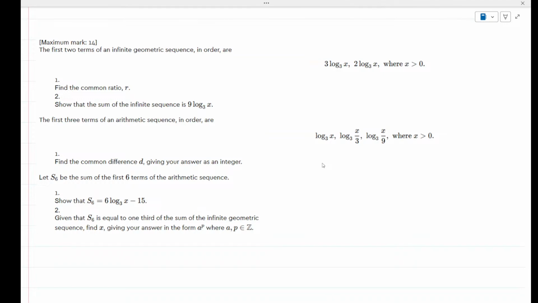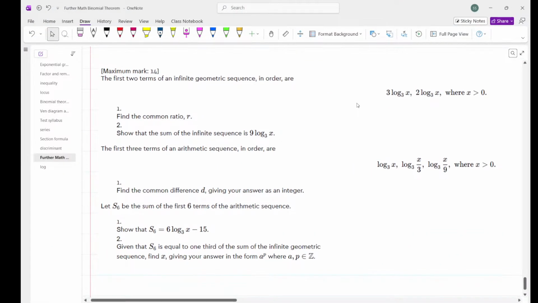2 log 3x divided by 3 log. Okay, so wait, 2 log 3x, right? So that's the same as log 3x squared divided by log 3x cubed. Yeah, the common ratio is just x squared over x cubed.